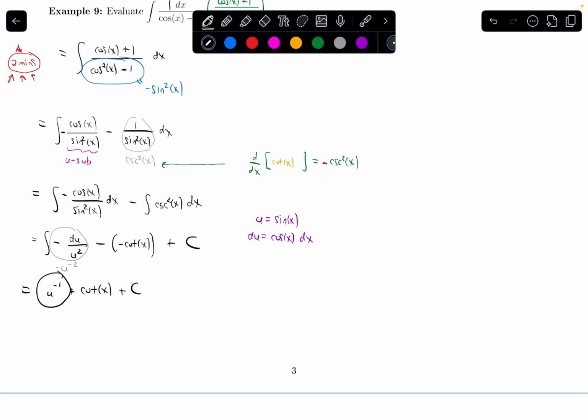So I'm going to rewrite u to the negative 1 as 1 over u, and then plug back in for u. So doing that, that'll be 1 over sine, which is the same thing as writing cosecant x. So I get cosecant x, and then plus cotangent x, and then my plus c at the end. And we got it. We got our antiderivative.